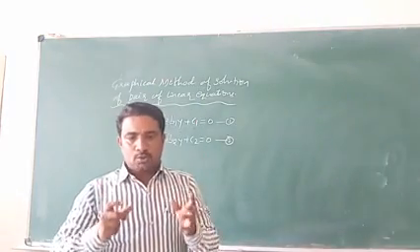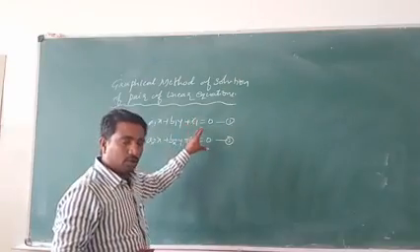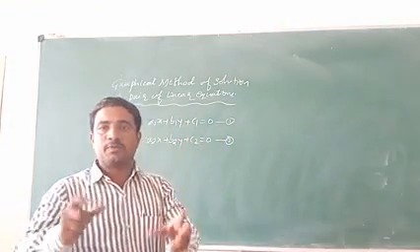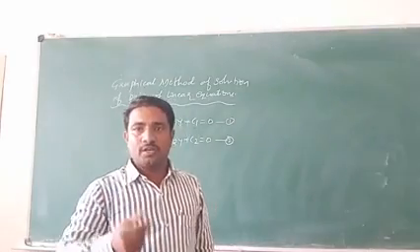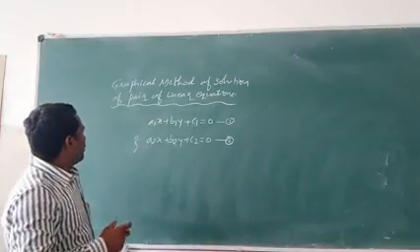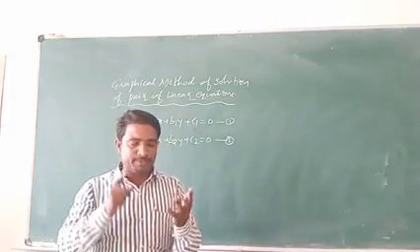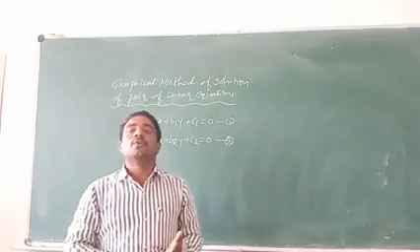To solve these two linear equations with the help of the graphical method, first we need to understand their coefficients. The coefficients are very, very important: the coefficient of x and the coefficient of y.